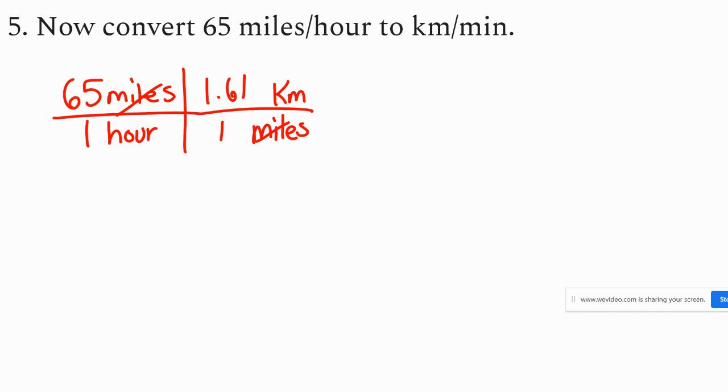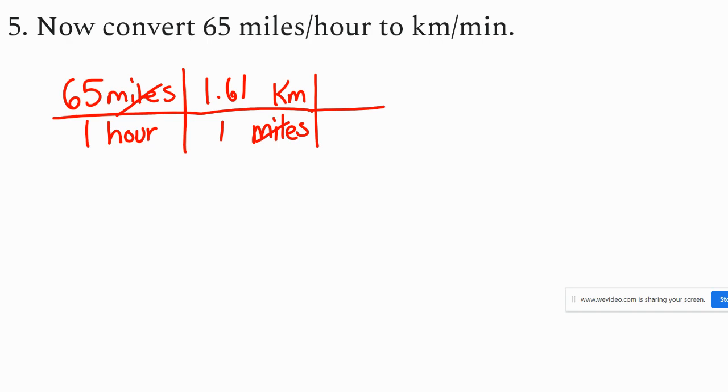I've taken care of the distance. I've taken care of what they want my distance in. Now what front do I need to attack? The time. So I want to get rid of hours. Where am I going to put the unit hours? On top or bottom? Top. It goes on the opposite side.